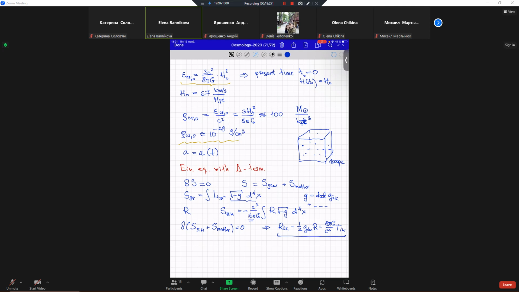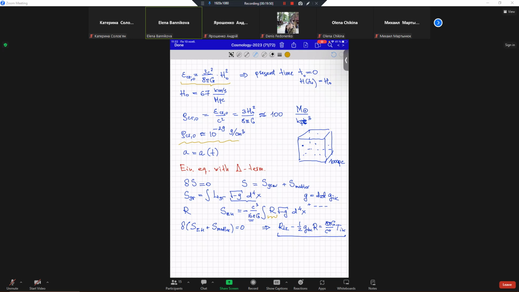Why did I decide to draw attention to this? You will obtain the Einstein equation in this form if you exactly consider as the Lagrangian density the scalar curvature, in this form.